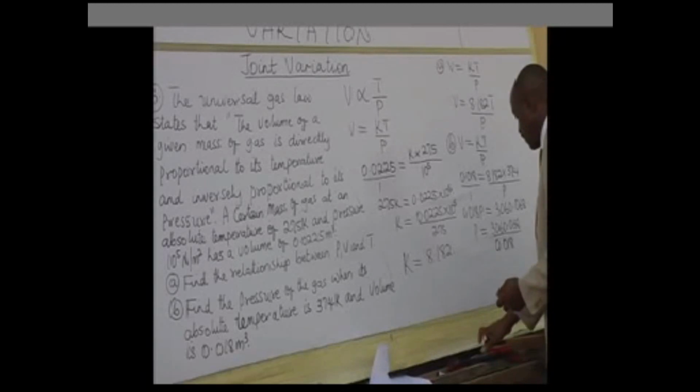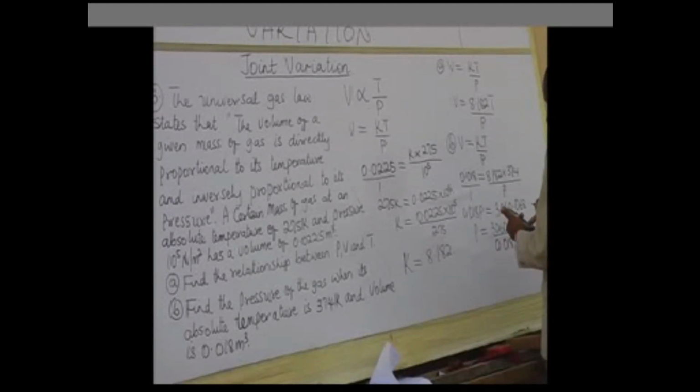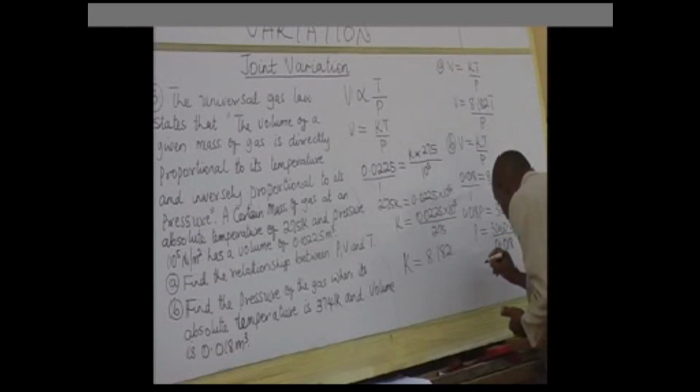So let's divide. 3060.068 divided by 0.018 is giving me 170,003.8.